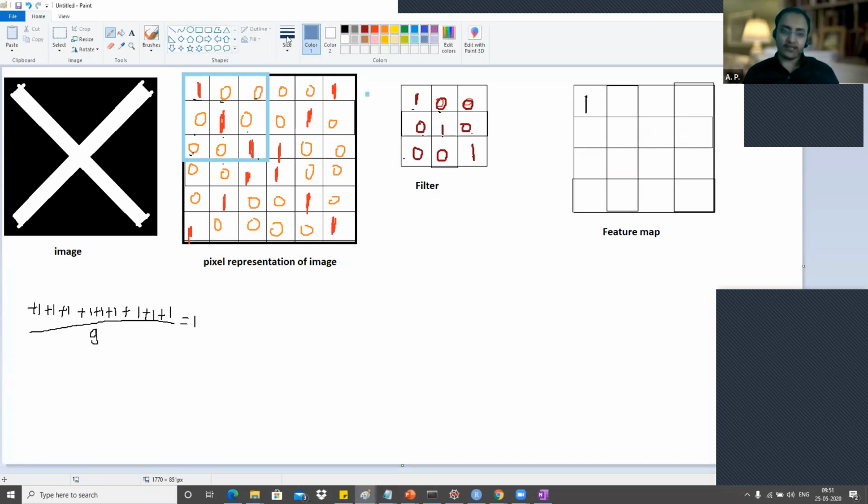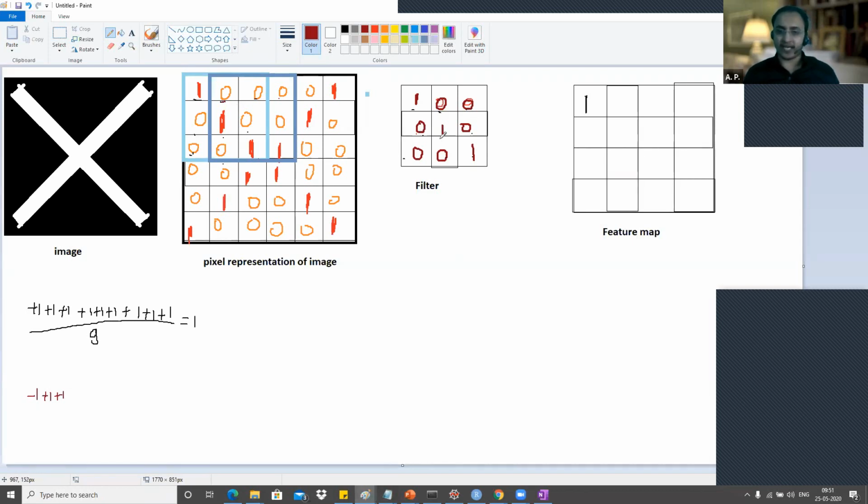Now once we have mapped this, we'll go one step next, scroll to the left, and do the mapping here. Again we're going to cross check it, right? So this 0 is not matching with this 1. Wherever there's a mismatch, we'll say -1. 0, 0 is matching with 0, 0, so we'll say +1, +1. Second row, 1, 0, 0, and here we have 0, 1, 0.